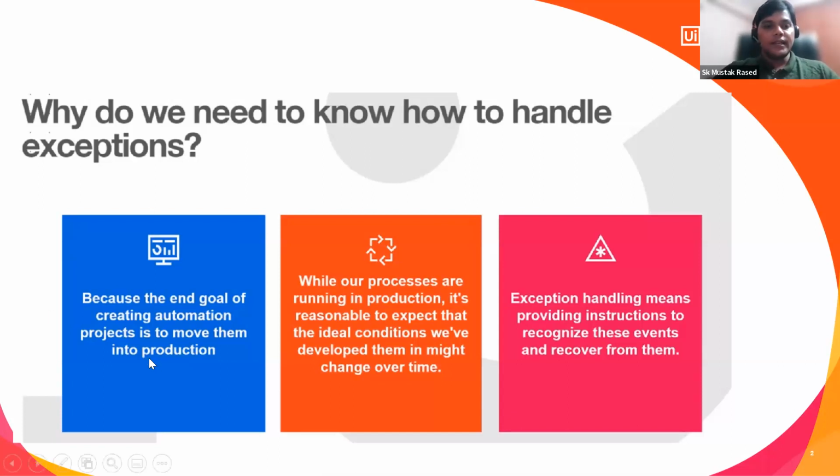We can see over here what the goals are so far before knowing this exception handling. It says that the end goal of creating an automation project is to move it into production. I think some of our audiences or aspirants are already working on different assignments provided by our Automation Vidyalaya team.